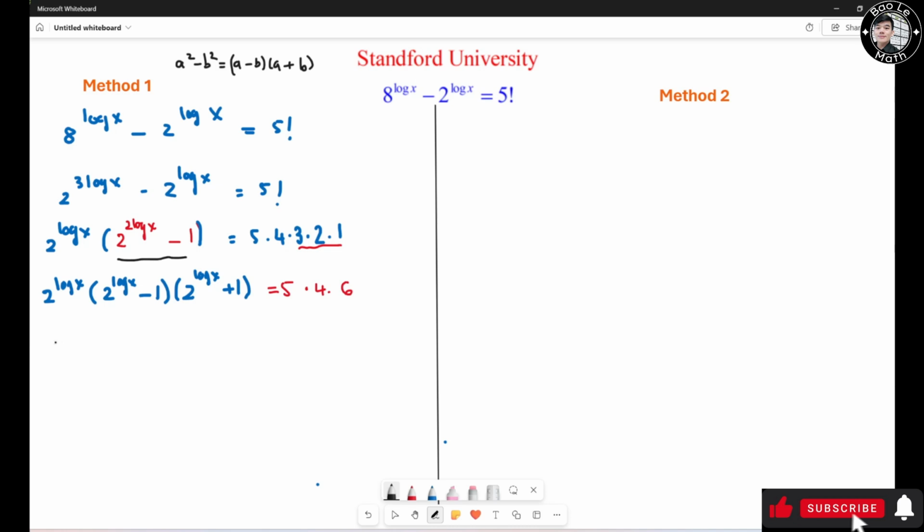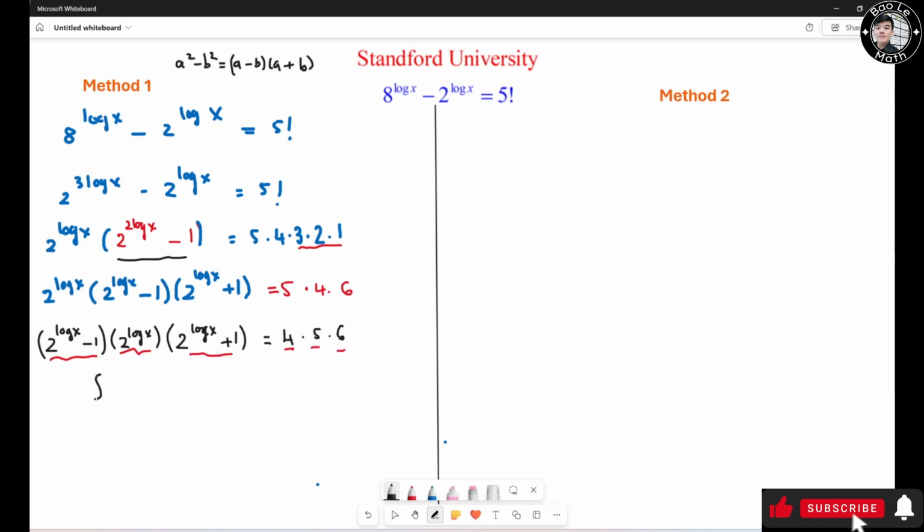So it's going to be 2 to the log s minus 1 times 2 to the log s times 2 to the log s plus 1. Alright, the right hand side I do the same thing, so it's going to be 4 times 5 times 6.